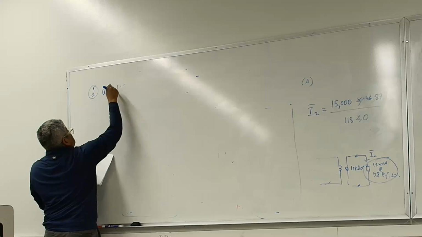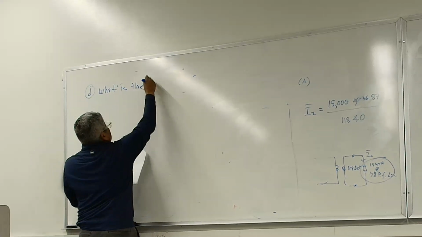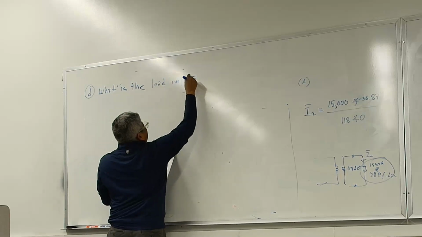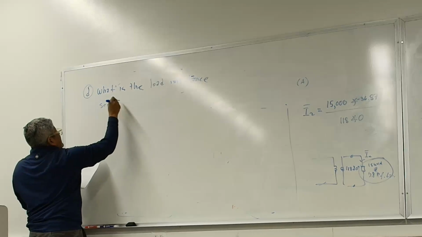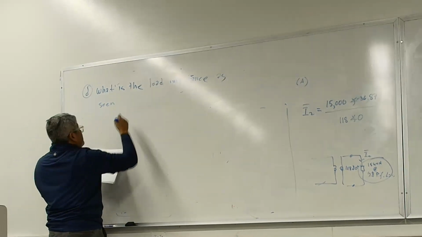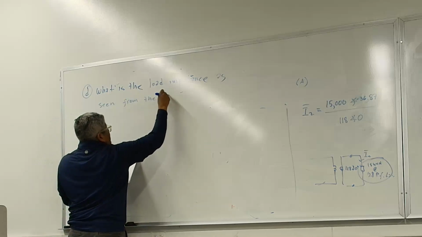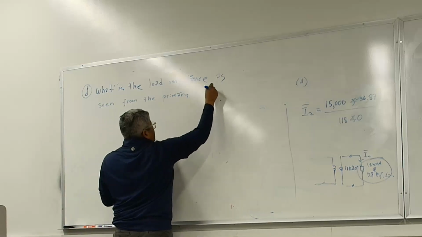What is the load impedance as seen from the primary side?